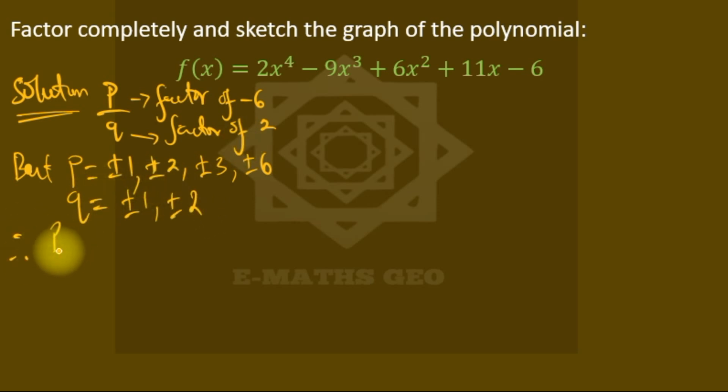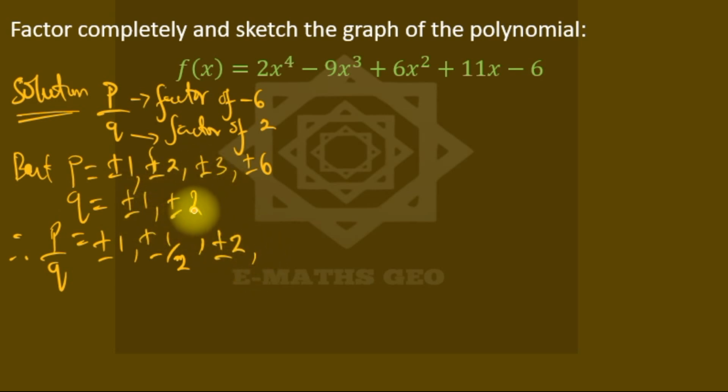Therefore, p over q will now be, this one divides the q. So 1 divides this and this, I'll have plus or minus 1 and plus or minus 1 over 2. Why does 2 divide this and this? I have plus or minus 1 and plus or minus 2, so we write plus or minus 2 since we have plus or minus 1 already.